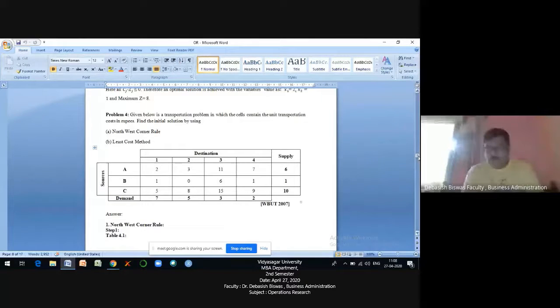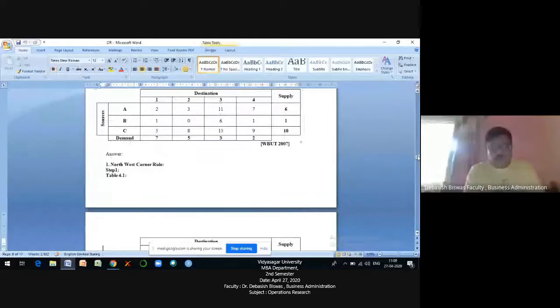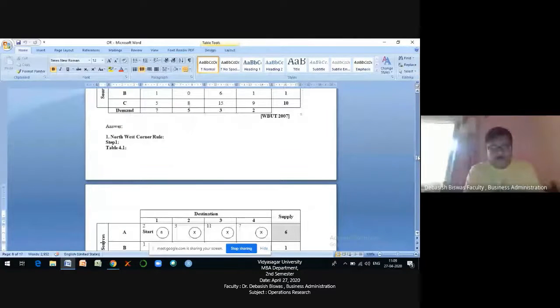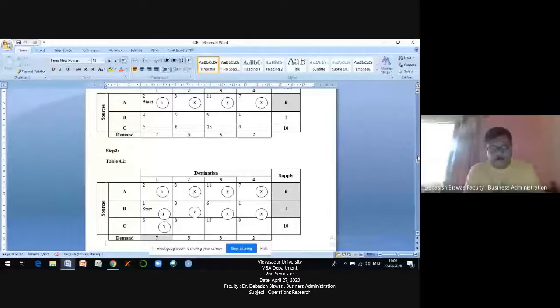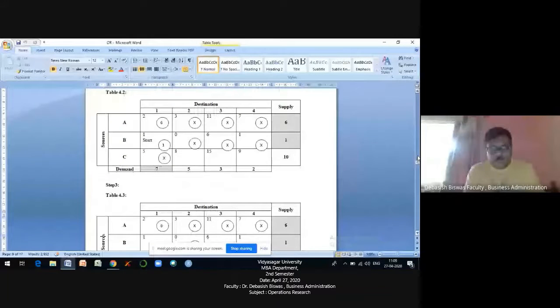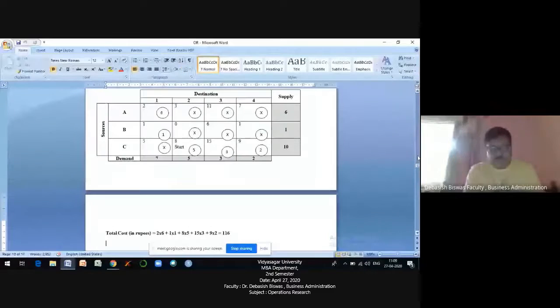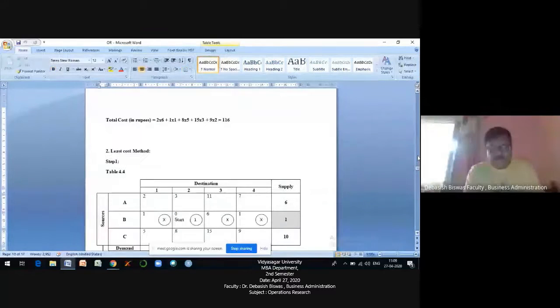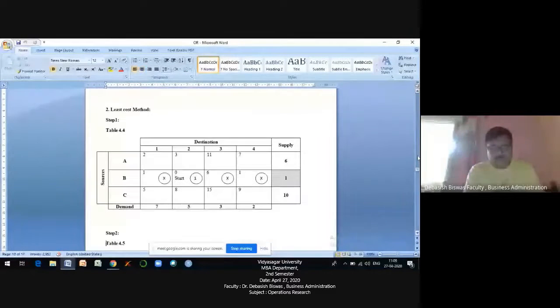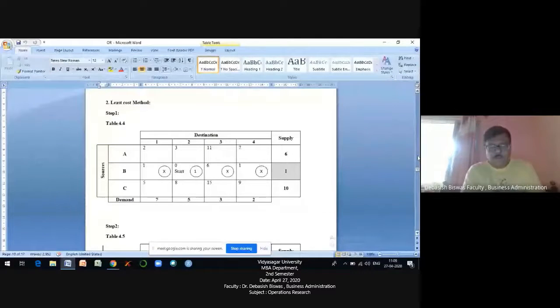Go to page number 10 so that the problem will be visible to you. This is our solution, least cost method. I hope you are viewing this table.